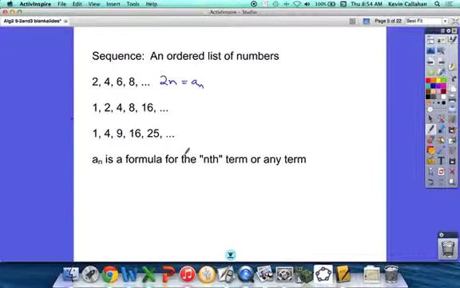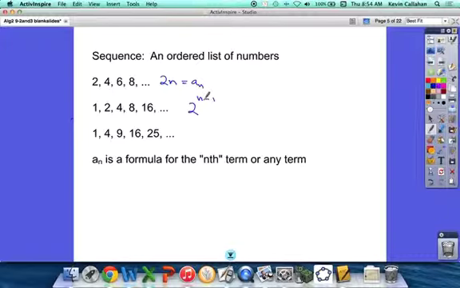And sometimes, if it has a pattern, then we'll be able to come up with an expression that represents that pattern. What does it look like the pattern is? It looks like you're doubling it. And the way you make a double is you do 2 to the n minus 1. If I plug in 1, I should get the first term. n equals 1 will give me 2 to the 0.